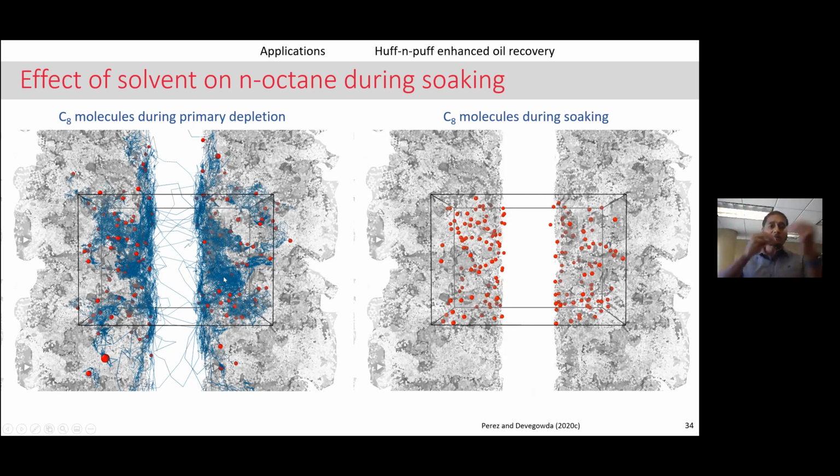Most of them were just oscillating in their original positions. That's just thermal oscillation, and you can see them doing that over there. They're not being produced. Very, very few octane molecules are being produced. On the right-hand side, if there is solvent in this space over here, we're going to see the center of mass of the octane molecules during that process.